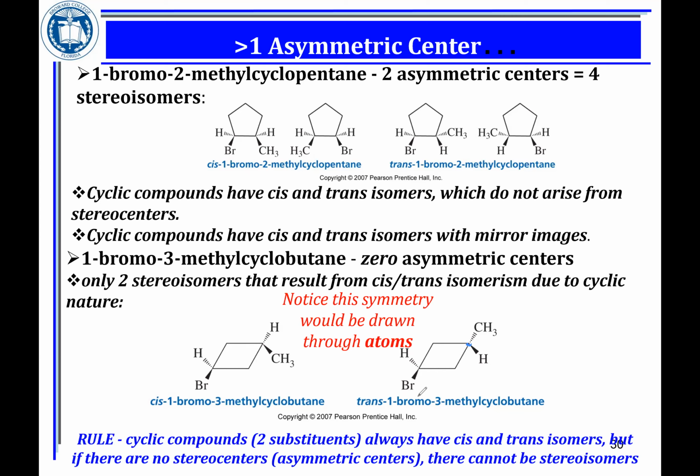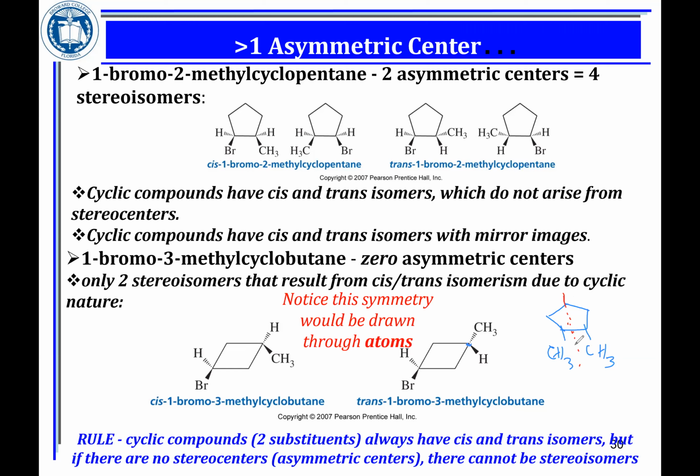If you have a cyclic system, especially if it's cis and the 2 groups are the same, basically a structure like this, you have a CH3 and a CH3 coming down here. This compound has a plane of symmetry.